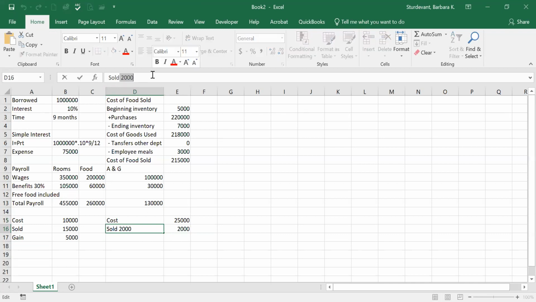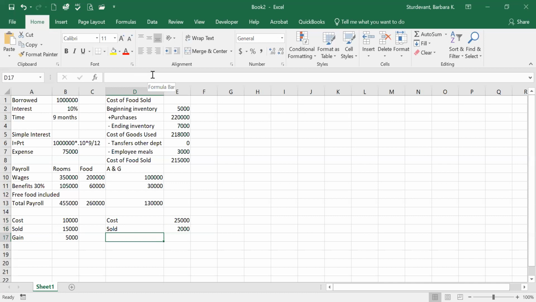And it had a book value of $5. So when you have something with depreciation, to figure out gains and losses, you're going to compare the book value to what it was sold for.